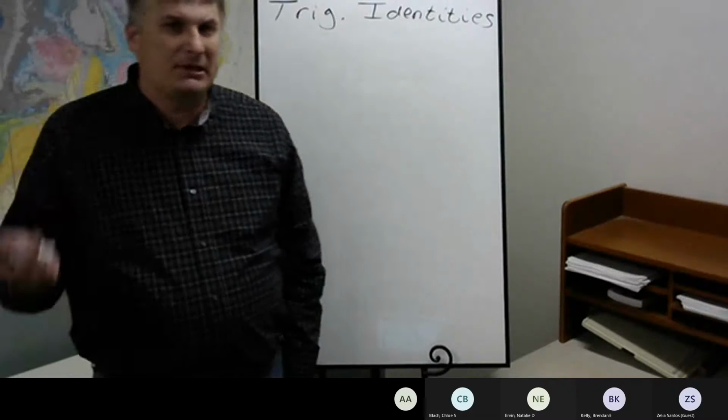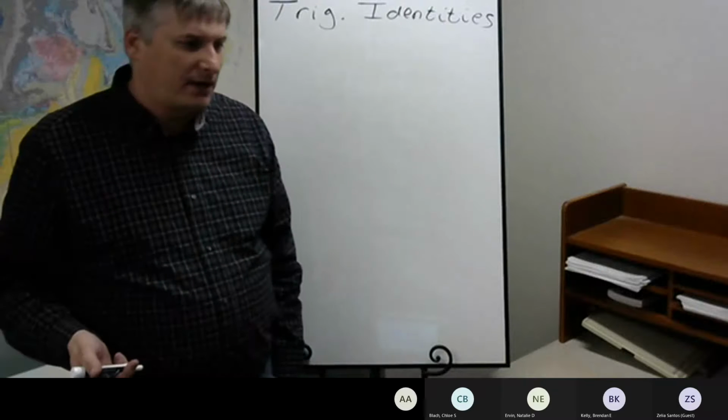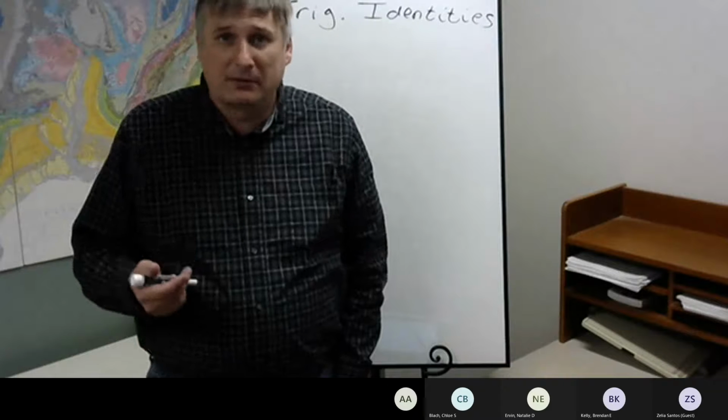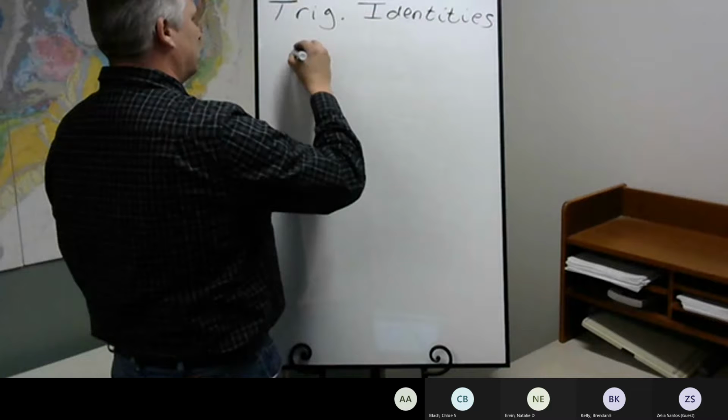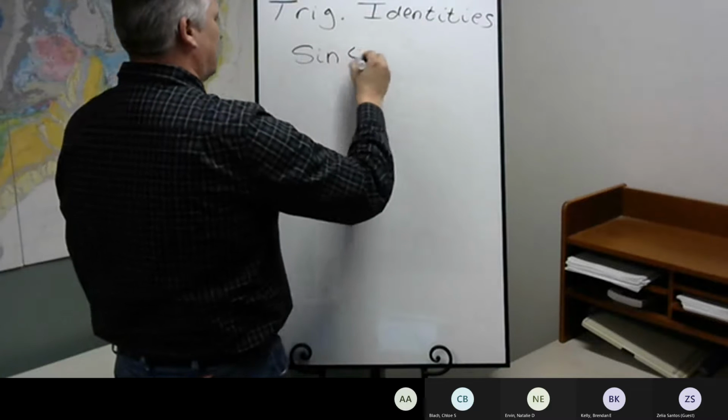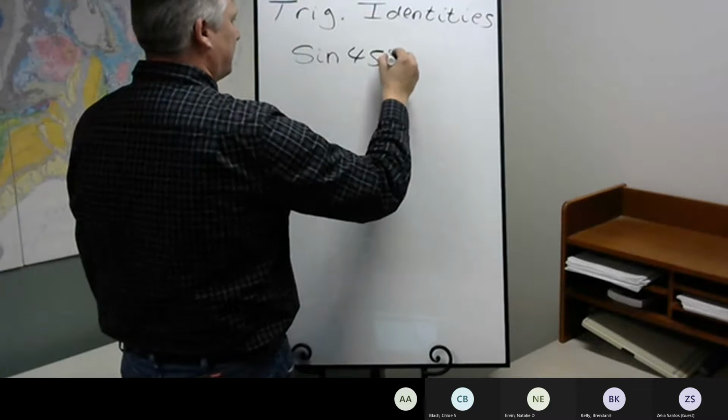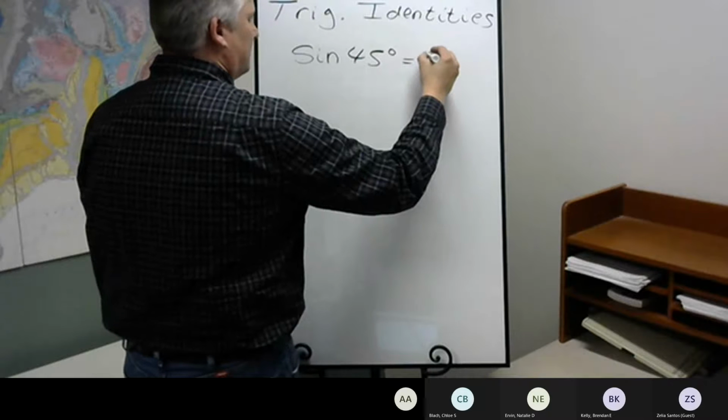for angles that are not 30, 60, 45, 90, and so on. You can find, say, for example, the sine of 15 degrees. For example, we know that the sine of 45 degrees is rad 2 over 2.